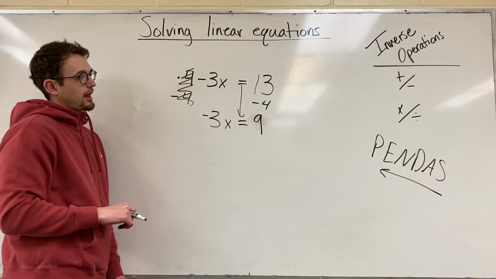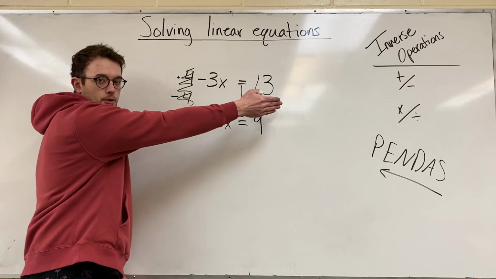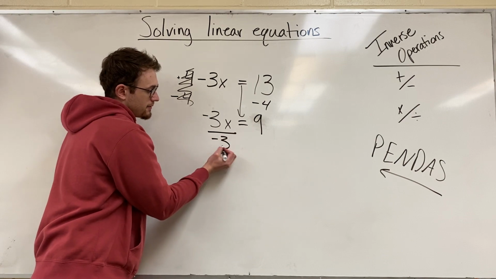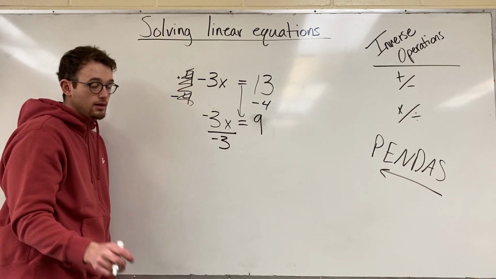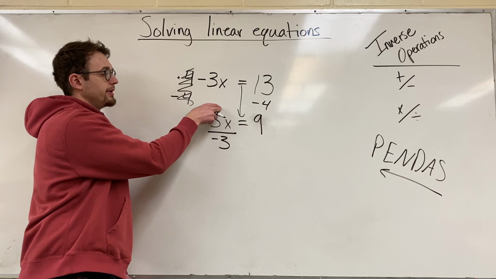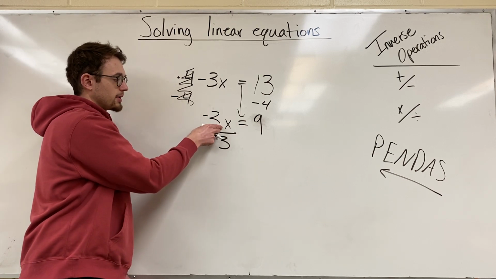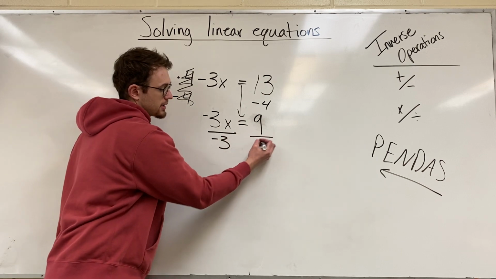To get rid of multiplication, I am going to divide. So I'm going to divide by negative 3. Not just 3, I'm going to divide by negative 3 because I want to get rid of that whole thing.